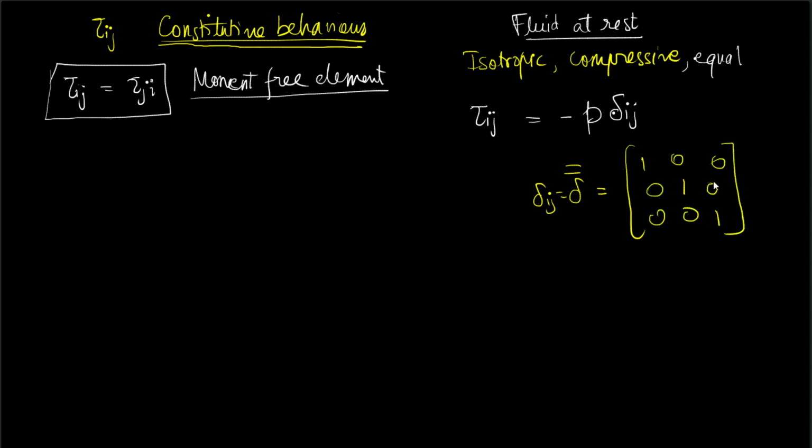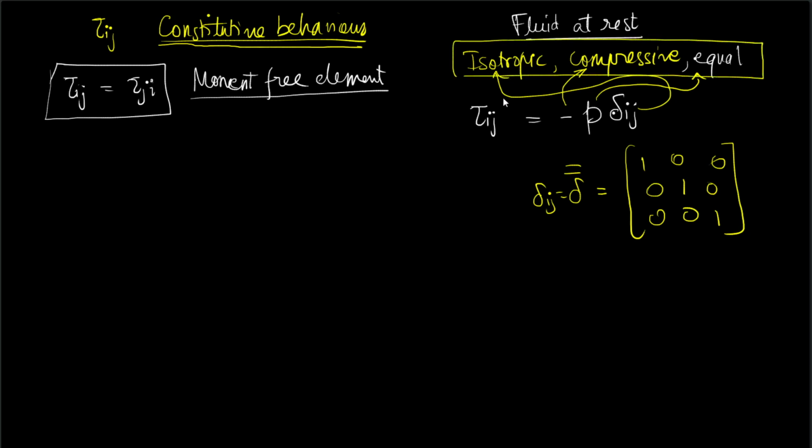So delta ij is an isotropic tensor. The negative sign accounts for the compressive, and minus P, which multiplies this identity matrix, is responsible for this equal from all sides. All these properties of a stress tensor being isotropic, being compressive and equal, are embodied in this particular expression.